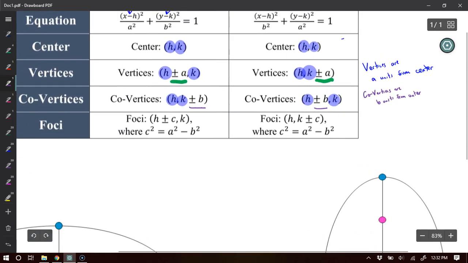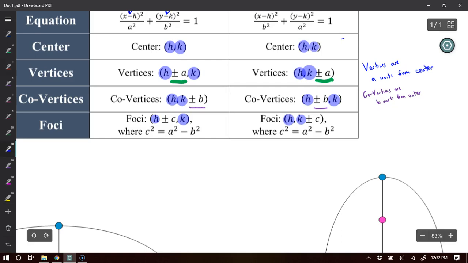And then we go down to foci. It's a lot of formulas, but we're learning that they're just one letter. Vertices are the letter a. Co-vertices are the letter b. So what are foci? Foci are based off of the letter c, because notice I'm adding and subtracting c to either h or k for the foci formula.